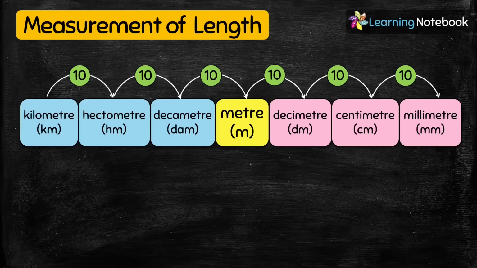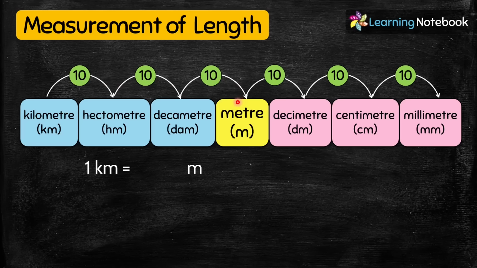Now students, can you tell me 1 kilometer equals how many meters? Let's refer to this diagram. If we are at kilometer and we have to go to meter, then how many times do we need to jump? 1, 2, 3.